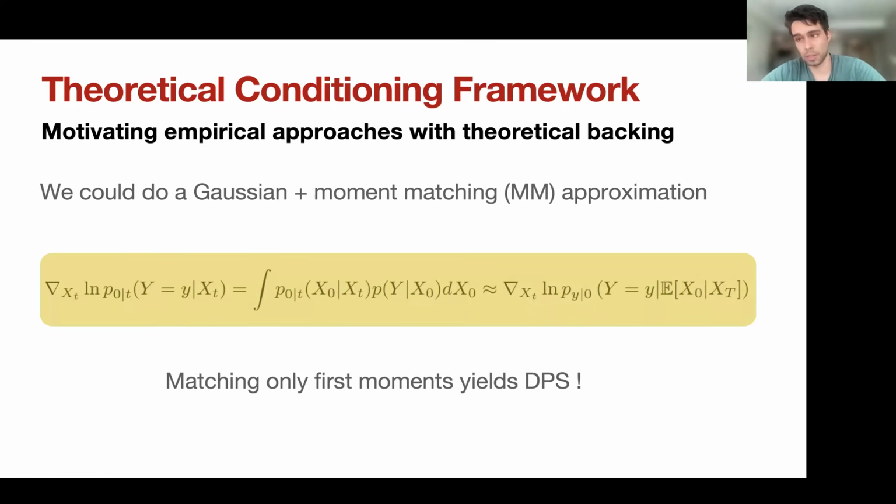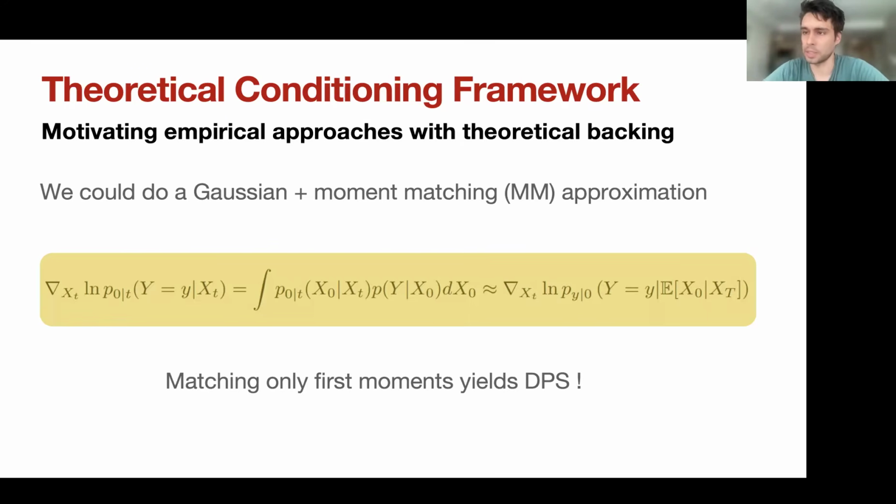You should also typically estimate the second moment, but that's quite computationally unfriendly. So the most common approximation is to just have an arbitrary variance and plug in the mean of x0 given xt, which can be estimated using the score, something known as Tweedie's formula, which we'll look at at some point. This is already a quite well-known method: reconstruction guidance, or diffusion posterior sampling, DPS. It's been applied quite broadly for inverse problems in imaging, like image super resolution, image inpainting, deblurring, among other things like phase retrieval.